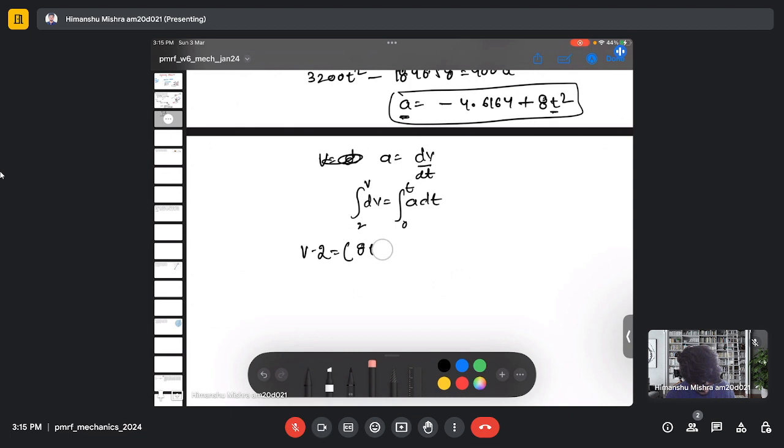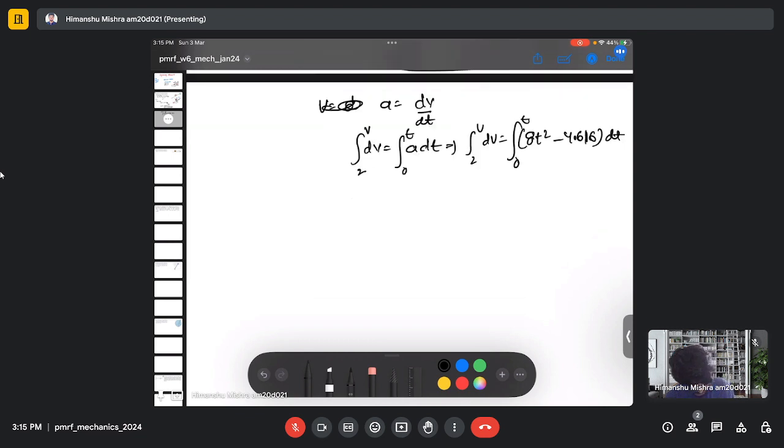I will get v minus 2 equals 8t squared minus 4.616 dt. Let me write step by step. So integrating from 0 to t, I will get v minus 2 equals 8 t cubed by 3 minus 4.616 t.